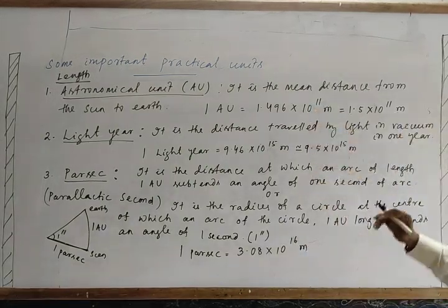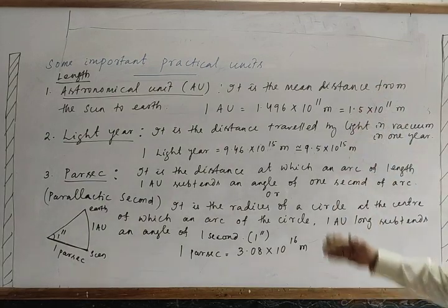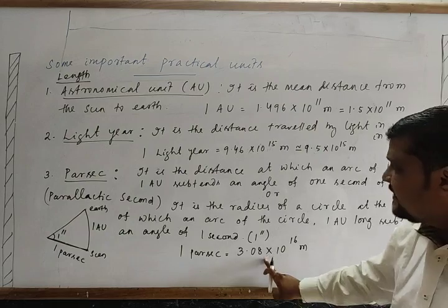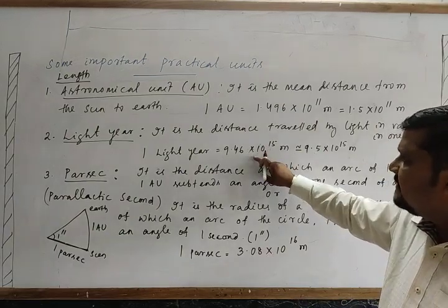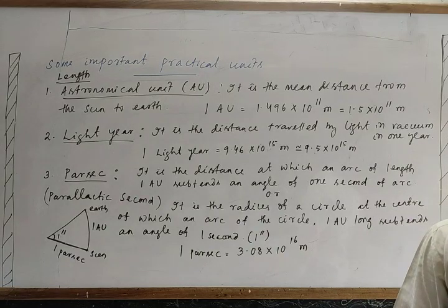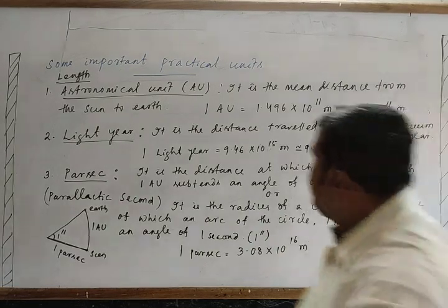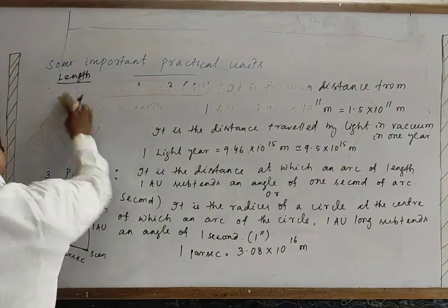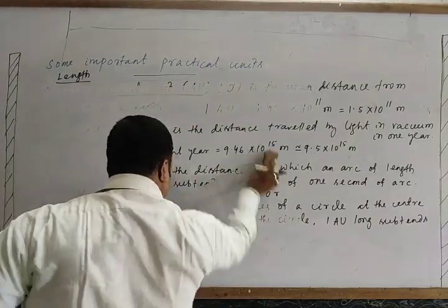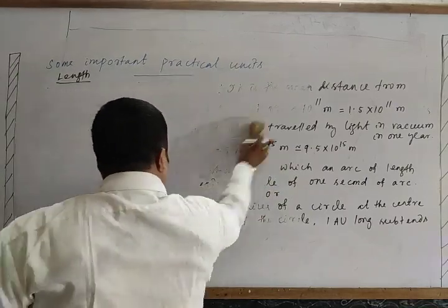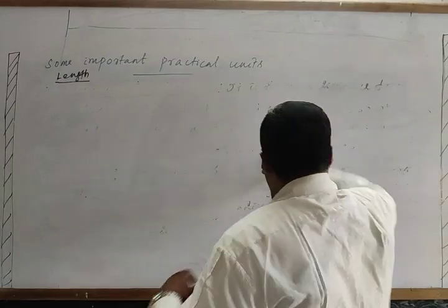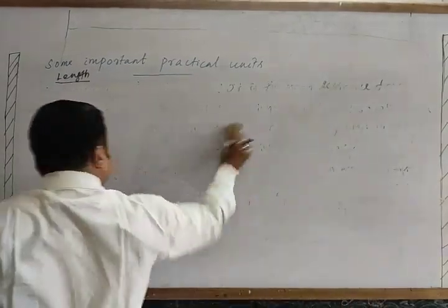Now compare these units, which we use for astronomical purposes. Which one is larger? Parsec is larger than light year, which is larger than astronomical unit. I can write the lengths of all of them, but which one is larger among all?